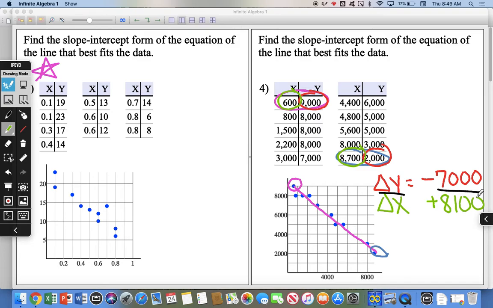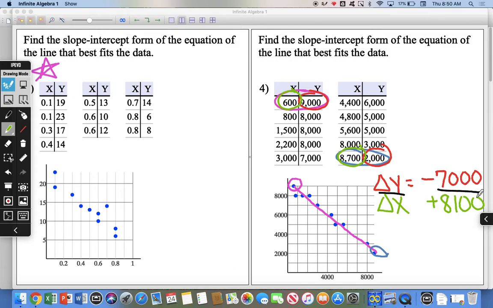So when we divide this, a negative divided by a positive will give us a negative slope. What did I do with that calculator? I must have walked it back to my desk. All right, so let's get our calculators out and let's find our slope. All right, 7,000 divided by 8,100.